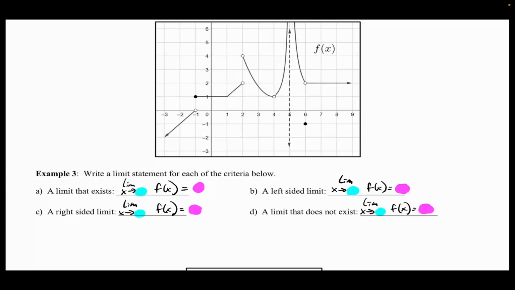Everyone will have the same black, but you might have different numbers you filled in for the blue and the pink part. Okay, so the first one is give me a limit that exists. Then give me a left-sided limit for any number. Give me a right-sided limit for any number. And then the last one is give me a place where a limit doesn't exist.